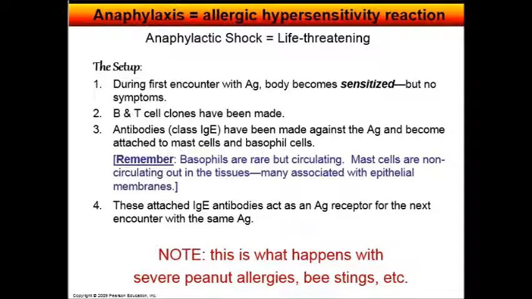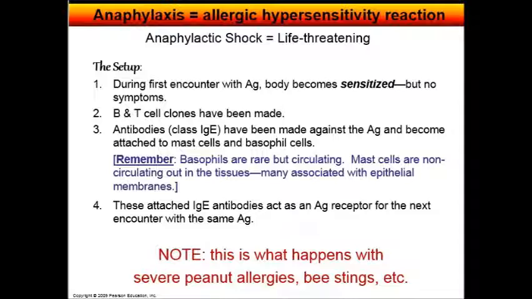And that's the non-self discrimination that's critical. If it's part of you, they need to know to ignore it. If it's not part of you, they need to know to go after it. And this is the basis of tissue compatibility. That's how I get the name. Histocompatibility complex, the basis of tissue organ rejection.